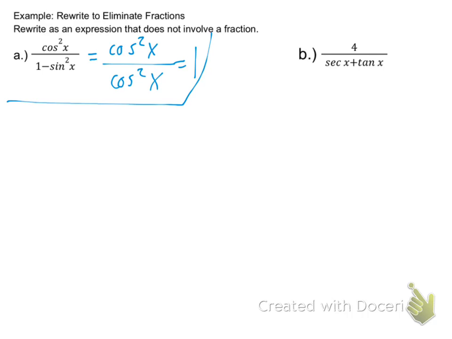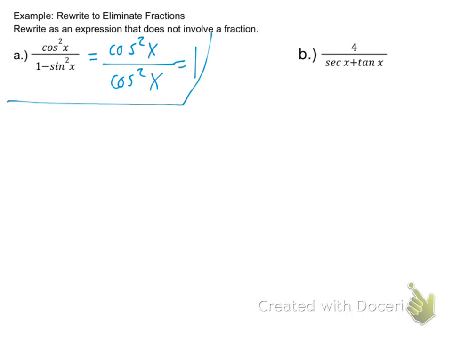Part B, there is a fraction, obviously. There's a couple options to work with this one, but just remember that when working with a fraction, what you do to the bottom, I have to do to the top. I can't square a fraction, that will change it. But I can multiply or divide.